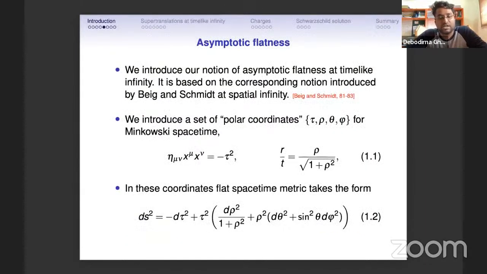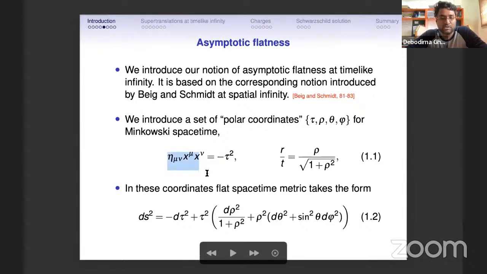So in the next few slides, I will introduce one notion of asymptotic flatness at time like infinity. It is based on the corresponding notion which was introduced by Beig and Schmidt at spatial infinity. To do that, we first introduce a set of polar coordinates tau, rho, theta, phi for Minkowski spacetime, where the coordinates tau and rho are given by these two equations.